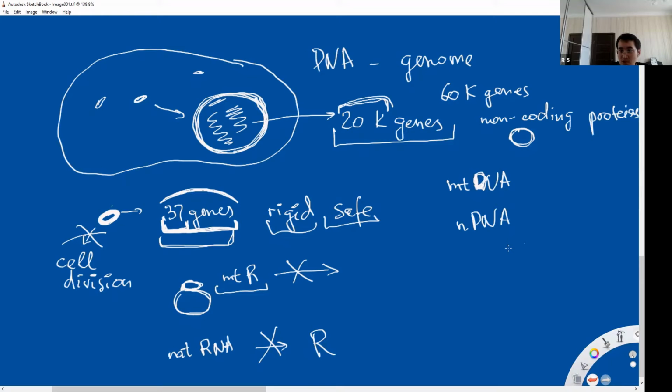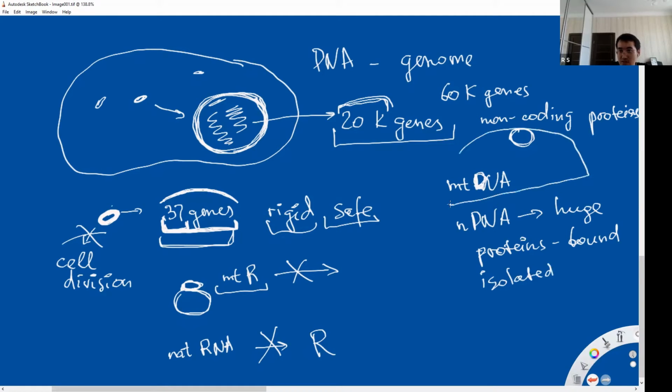So it's huge. It's bound to proteins, and it is isolated from the cytoplasm, while the mitochondrial DNA is floating inside the mitochondria. This is the difference between these two.